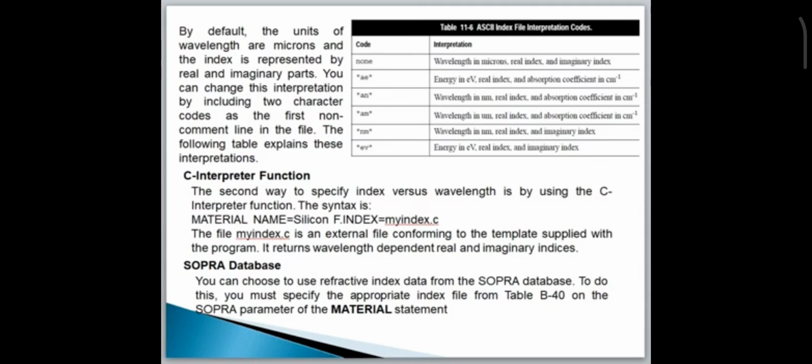And the third one, we can use the values of wavelength, refractive index, real and imaginary part in the SOPRA database. You can simply write the statement SOPRA equal to that file name, for example, indium gallium arsenide.nk file. For more detail, please go to the B40 table in the Atlas manual.